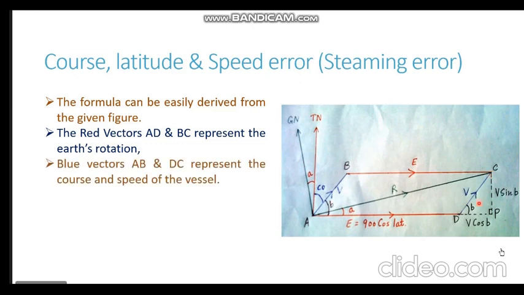Moving further, concentrate your attention on the blue color vector alpha to Bravo, represented by the letter V. This represents the course and speed of the ship.